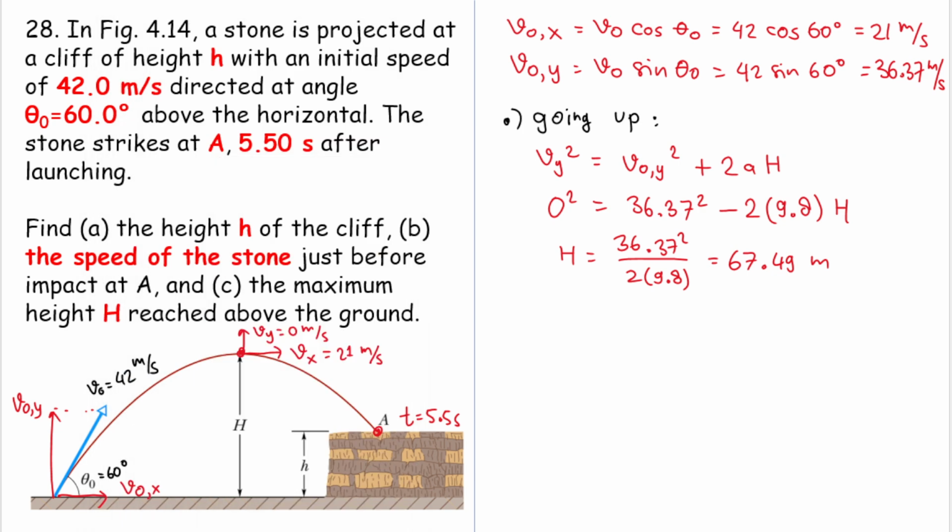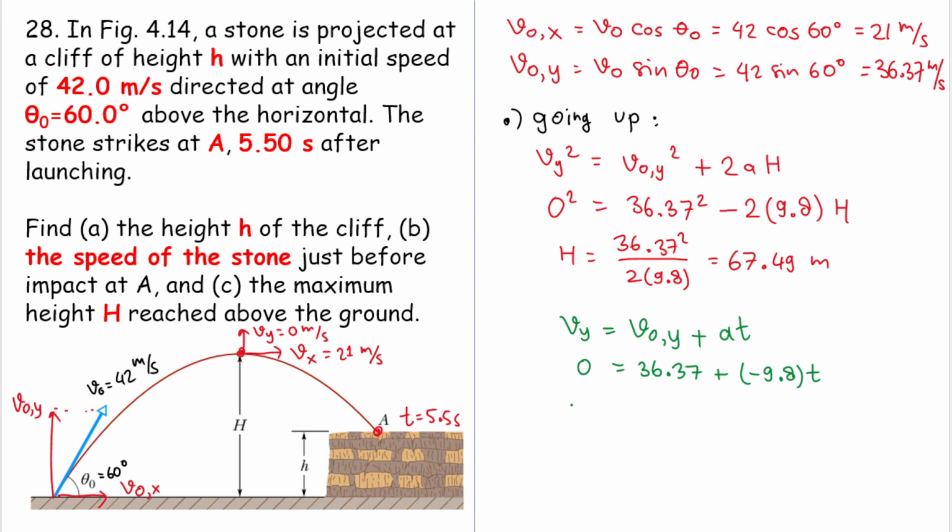Good. And then I think we can also calculate the time. So we will have Vy equal to V0y plus at, and this is equal to 0. The initial velocity here is 36.37, plus the acceleration, remember that we have minus 9.8, multiplied by the time.